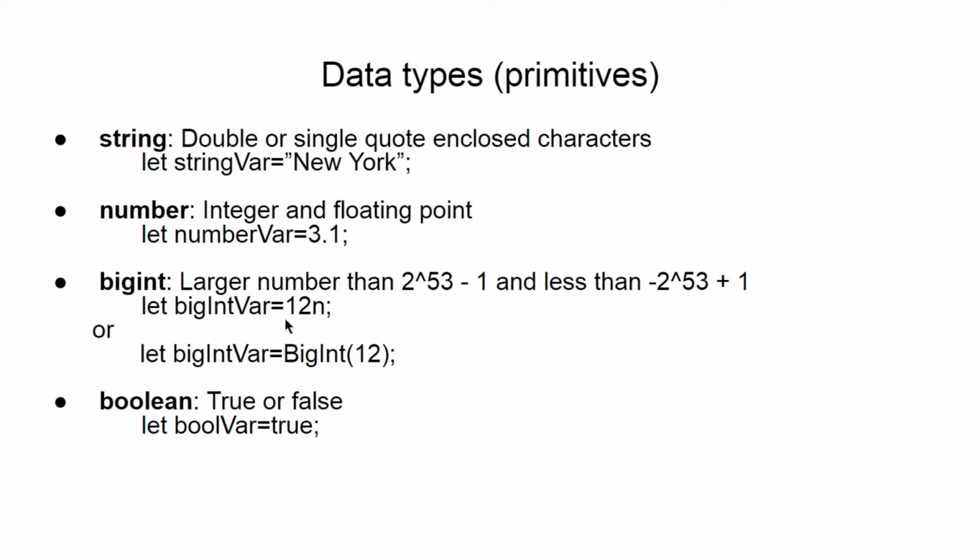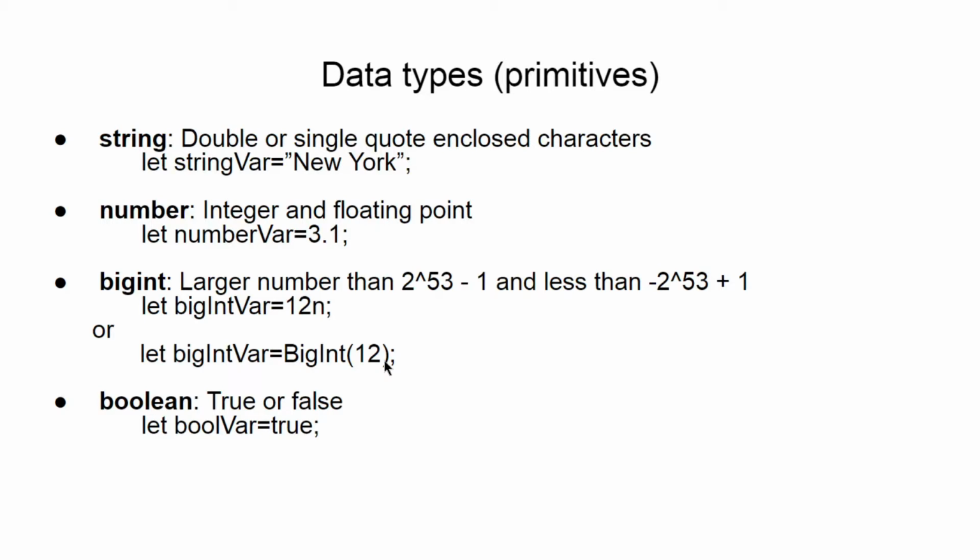Like in this example, I'm assigning the number 12 to this variable, and to indicate that this variable is going to be a BigInt, I'm adding this letter n. Or you can use the function BigInt, passing the number 12 as a parameter to this function. Okay.